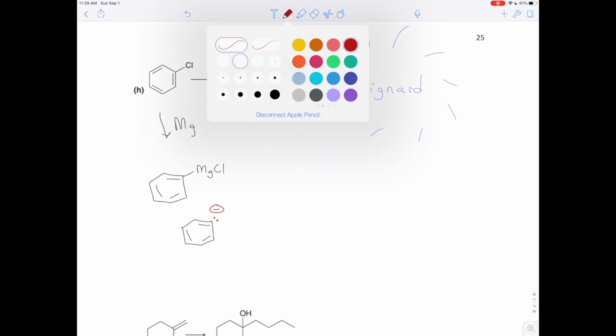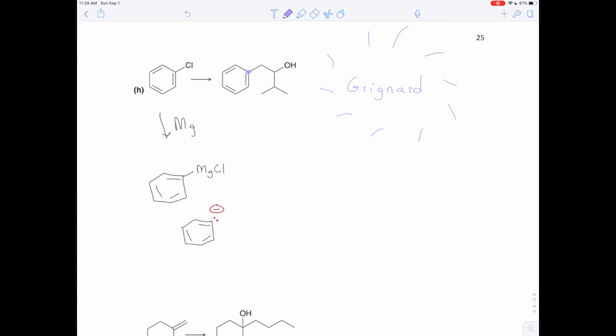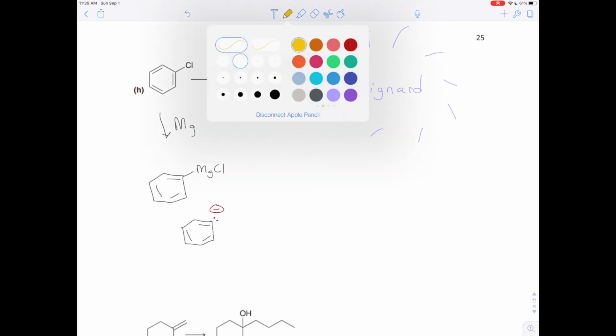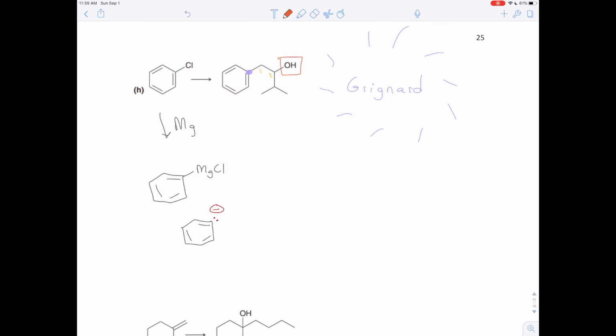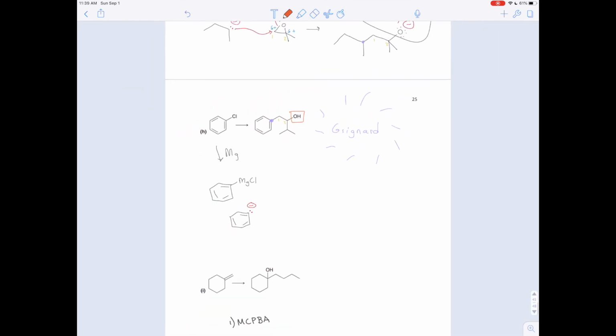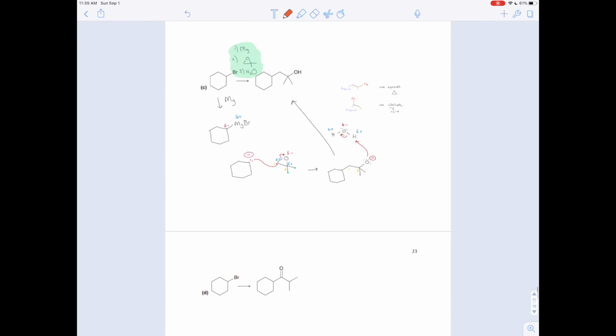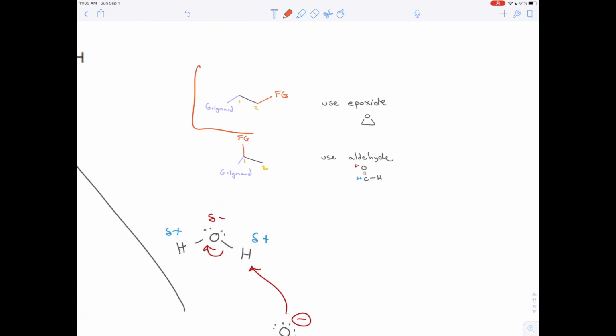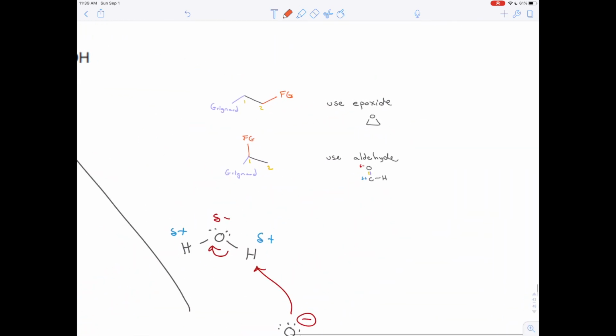So if we go back here, this is the place where the nucleophile is and where it's going to attack our other molecule. Now, if you notice, the functional group here is 2 carbons away. It's on that second carbon. And as we've seen several times so far, when that functional group is on that second carbon, you want to use an epoxide.